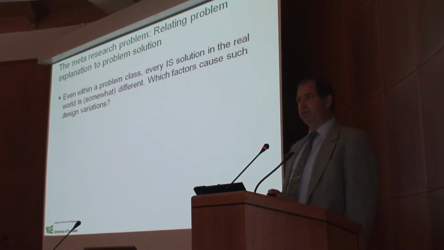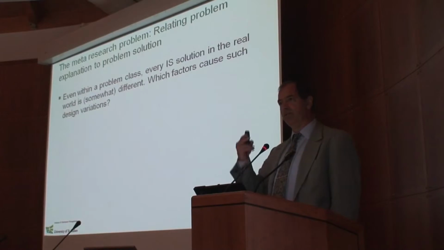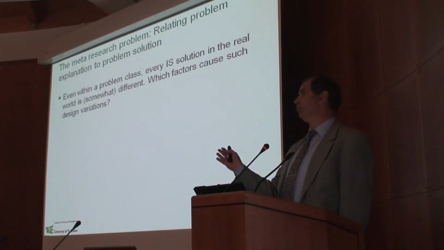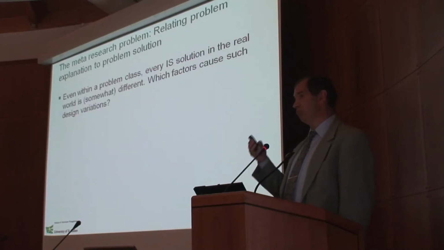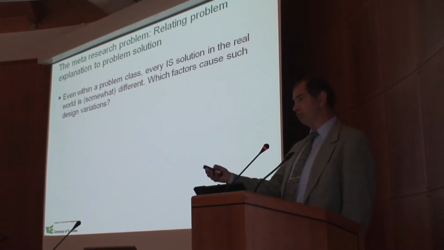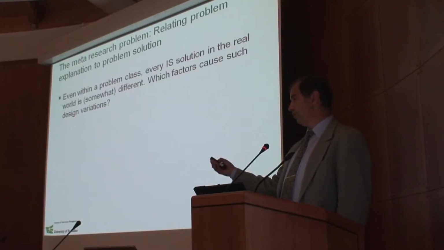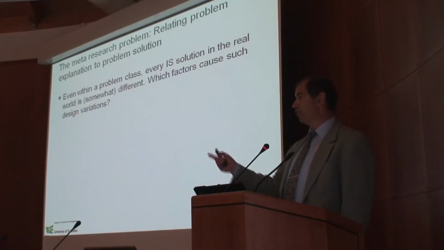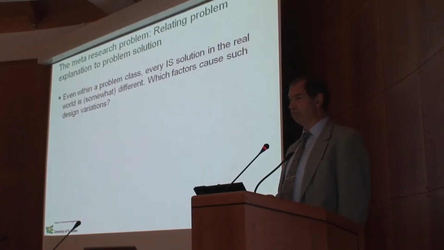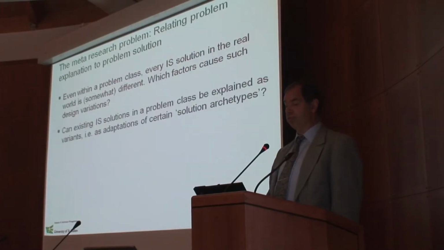So, we need to explain first why the solutions that exist are so different, to be able to re-engineer, if you want to, the rules that govern construction, and then create a kind of design theory that helps us not only to explain existing solutions, but of course then to create new and innovative ones. That's what we wanted to achieve.